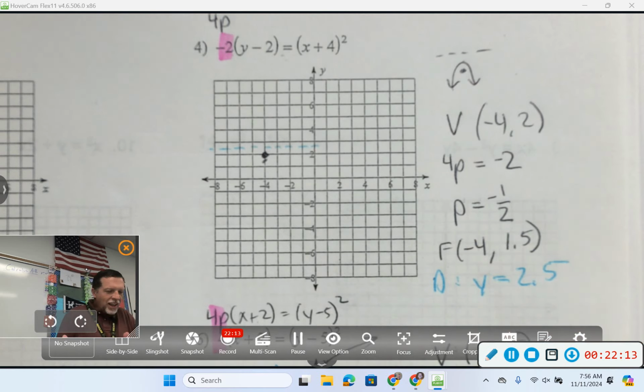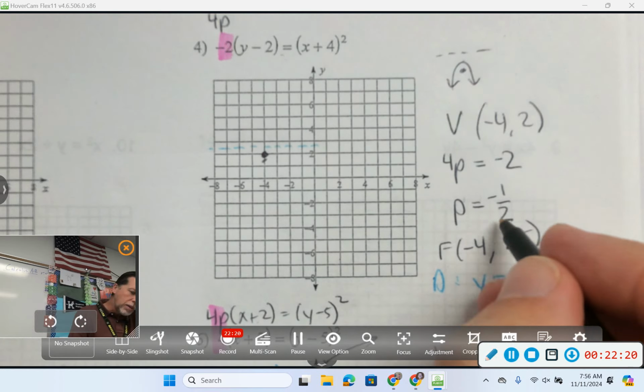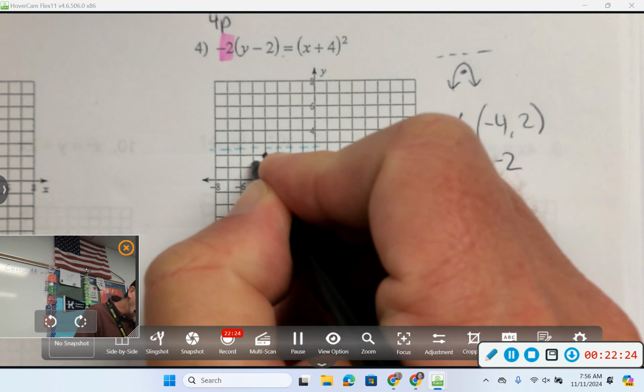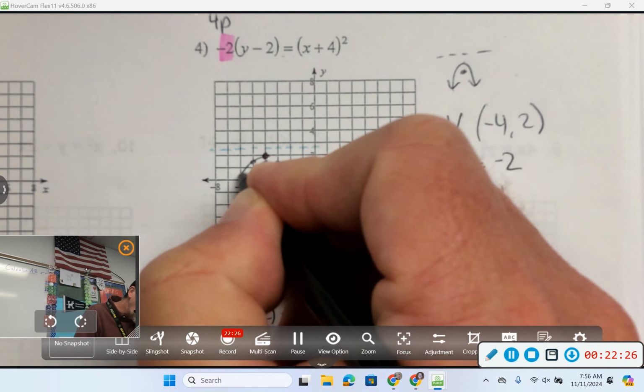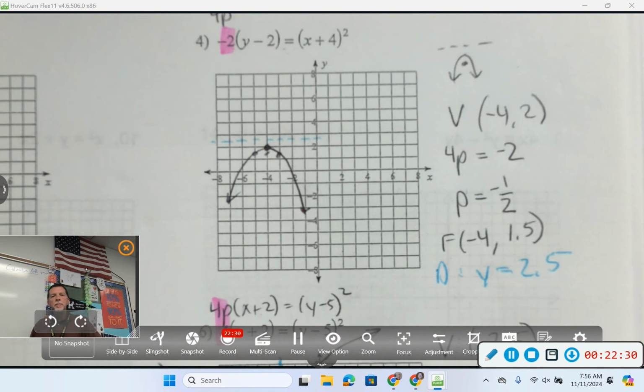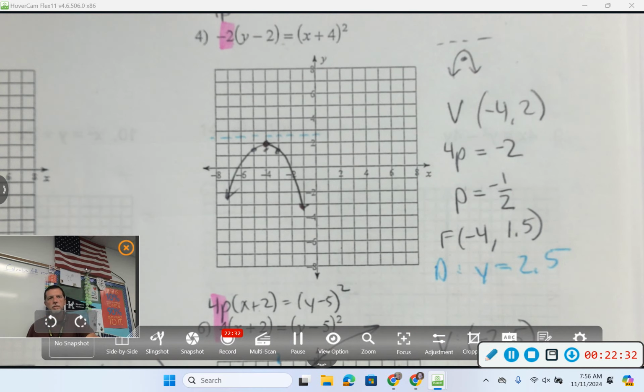Well, I guess you could say negative 1, but it doesn't matter because you're going on either side. So 1 unit away, because 2 times 1/2 is 1. So 1 away, 1 away. That's what helps set the width of this thing.